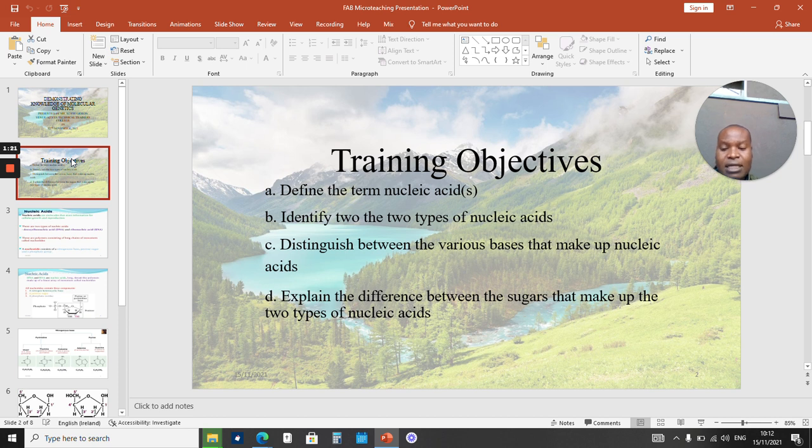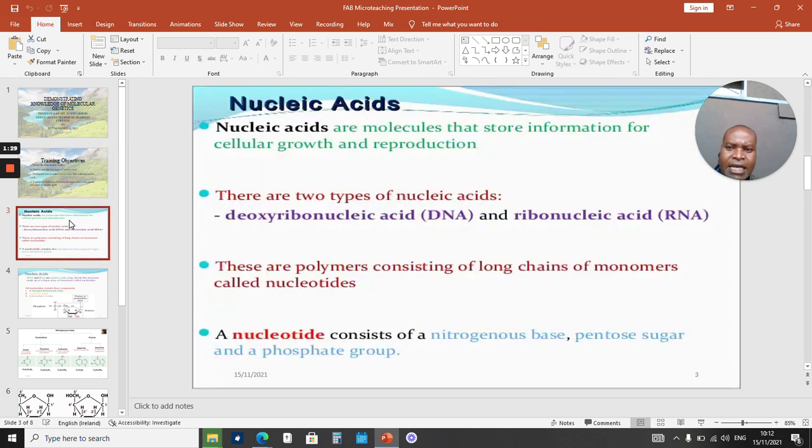Okay, that's correct. So without wasting much time, let's look at the introduction into what nucleic acids are. We begin by definition of the term nucleic acid. What is nucleic acid from what you are seeing there?